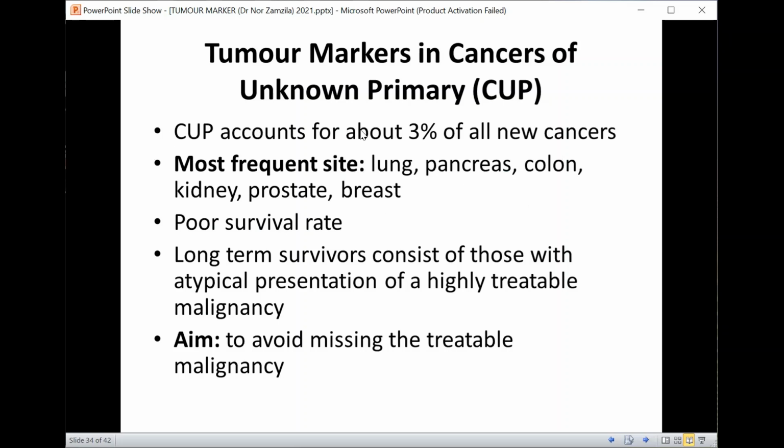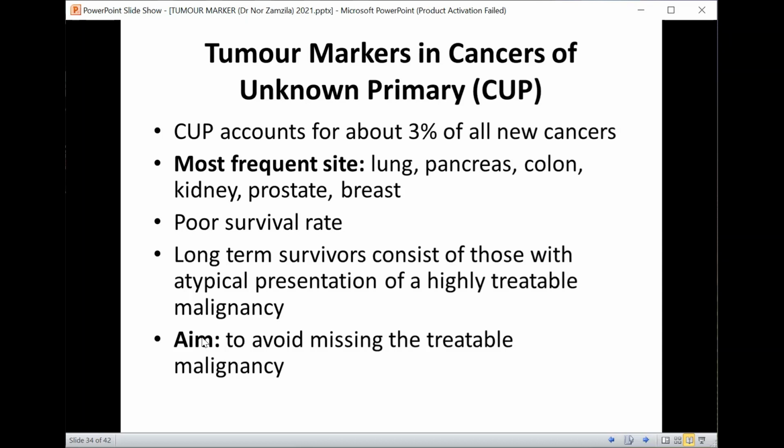For this type of cancer, we cannot use tumor markers to locate it, because CEA, for example, may be increased in lung, colon, or pancreas, so you cannot locate the tumor using that marker. Most patients with cancers of unknown primary have a poor survival rate, but those with long-term survival have atypical presentation with a highly treatable malignancy, like choriocarcinoma.